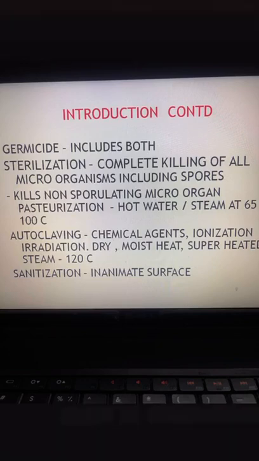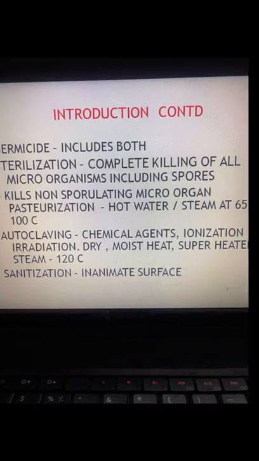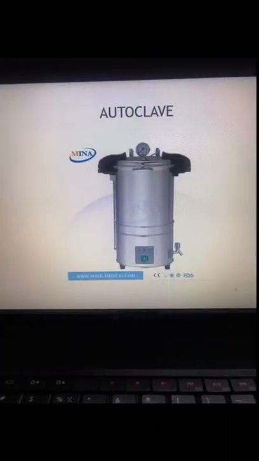Autoclaving is the use of chemical agents or ionizing irradiation or dry or moist heat or superheated steam. Any of these means can be used, but the temperature has to be in and around 120 degrees centigrade. Sanitization means use on inanimate surfaces. So this is the autoclave where we use the temperature of 120 degrees centigrade.